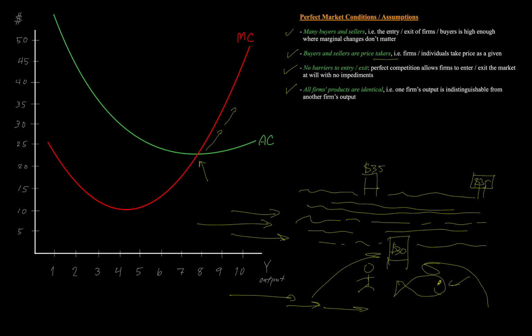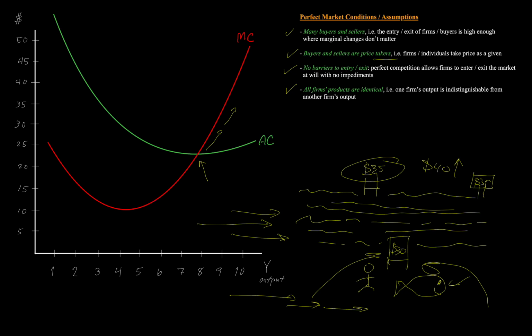But that's the whole idea behind undercutting my competition, which is essentially impossible to do in a perfectly competitive market, because I have to take the market price as a given. If I go lower, I'll essentially cost myself out of business. If I go higher, I just won't make any money.